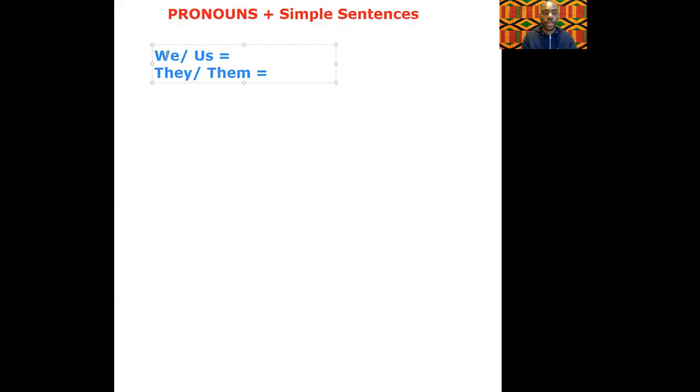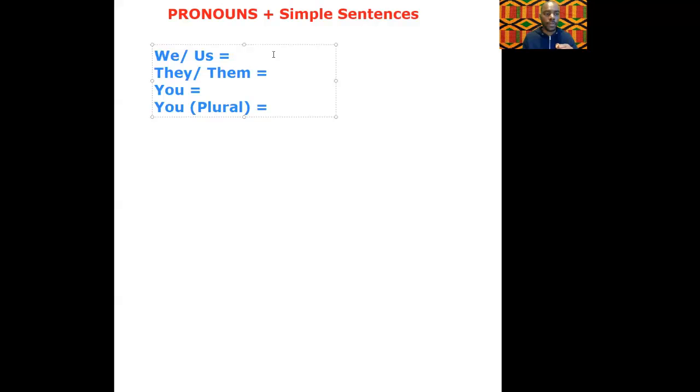What else? You. There are two types of you. There's the you for a singular person and you plural, and we are going to look at both of them. We've got a different name or pronunciation for each of them. As we go on, I'm going to give you more of the pronouns.